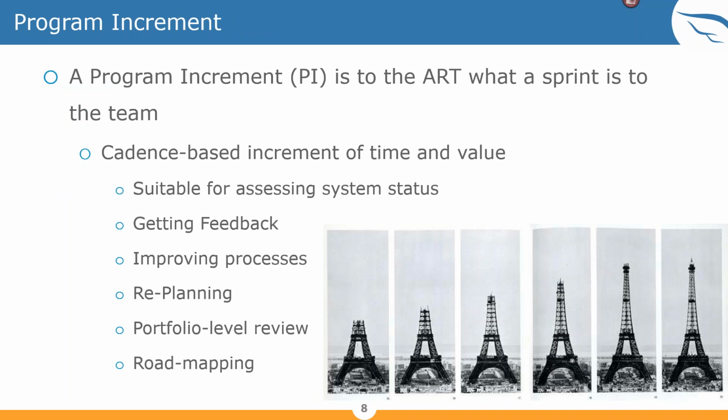And finally, the program increment. It provides the structure to connect the long-term vision for the teams, and it's similar to what a sprint is to a team today. So you're looking at getting feedback, improving the process, and you see from the graphic we have here, this concept of building and incrementing it over time, and that you're demonstrating it to the organization.